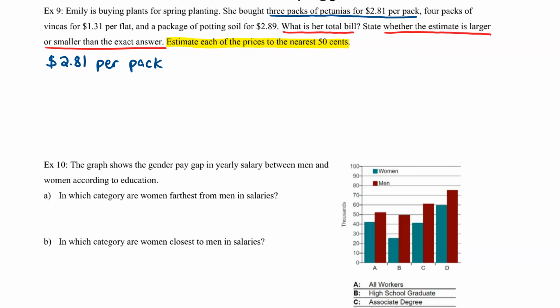So if we estimate $2.81 to the nearest 50 cents, that's going to end up being $3. So we're going to estimate and say that she's paying $3 for each pack of petunias. Then we would take that and multiply it by 3. So that's going to be $9.